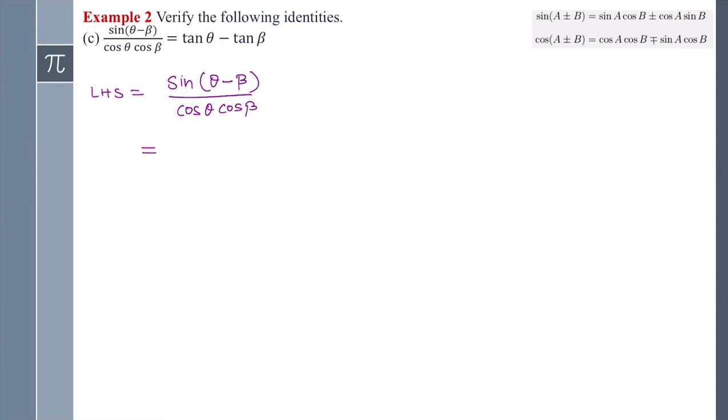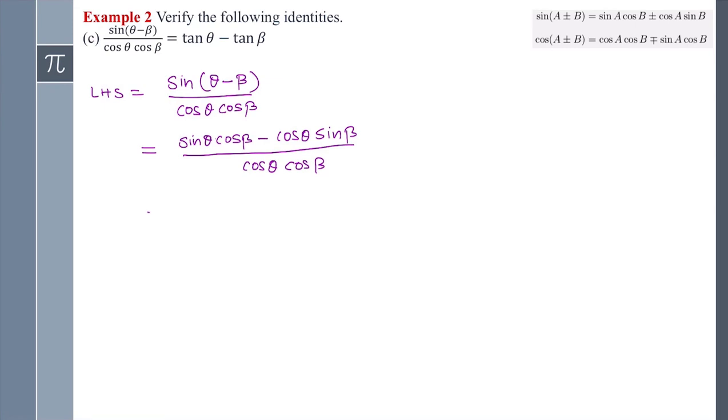So sine of theta minus beta is the same as sine A minus B, which is sine A cosine B, sorry. This means sine theta cosine beta minus cosine theta sine beta, divided by cosine theta cosine beta.